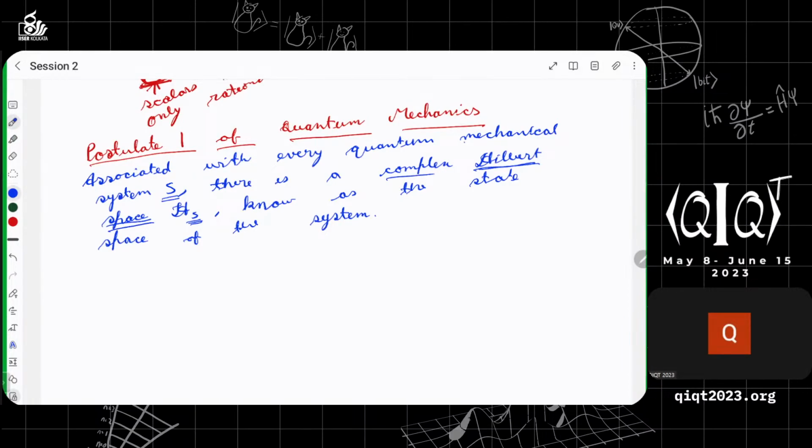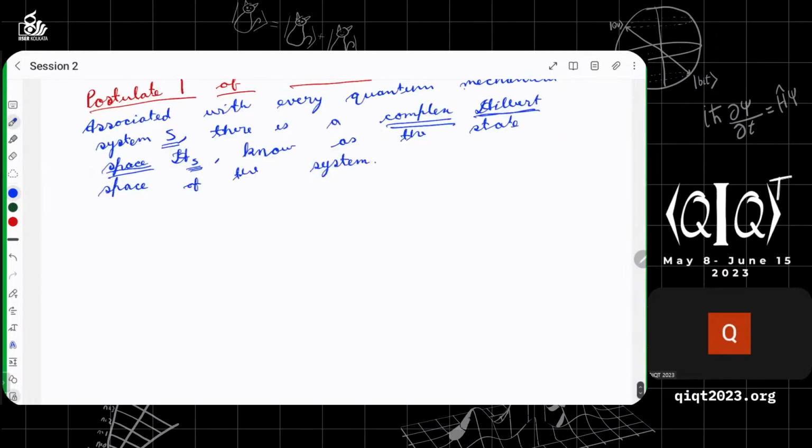Now we have a new term here, which is the Hilbert space. So complex Hilbert space, let's break that down. What is a Hilbert space? A Hilbert space is a special kind of vector space, and it has an inner product defined on it, and it satisfies another condition which is known as Cauchy completeness.